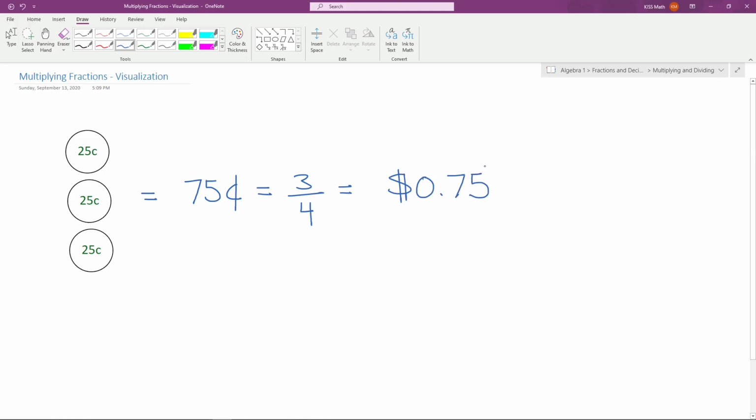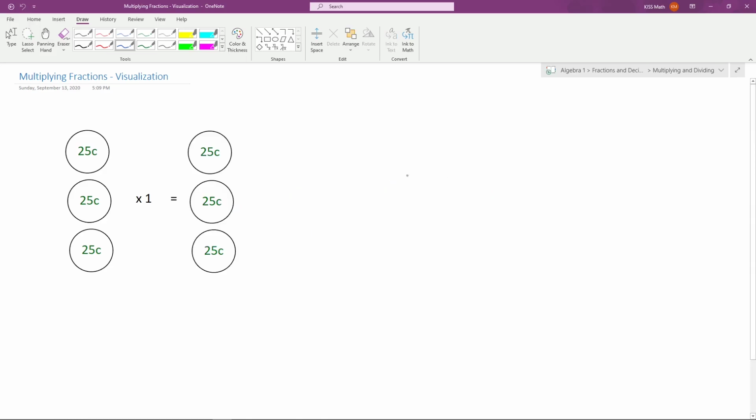Now, if you have 75 cents and multiply by 1, then you could say that you have one set of 75 cents, or 3/4. If I multiply my 75 cents by 2, then now I have 2 sets of 75 cents, or a total of 6/4, which would be a total of $1.50.